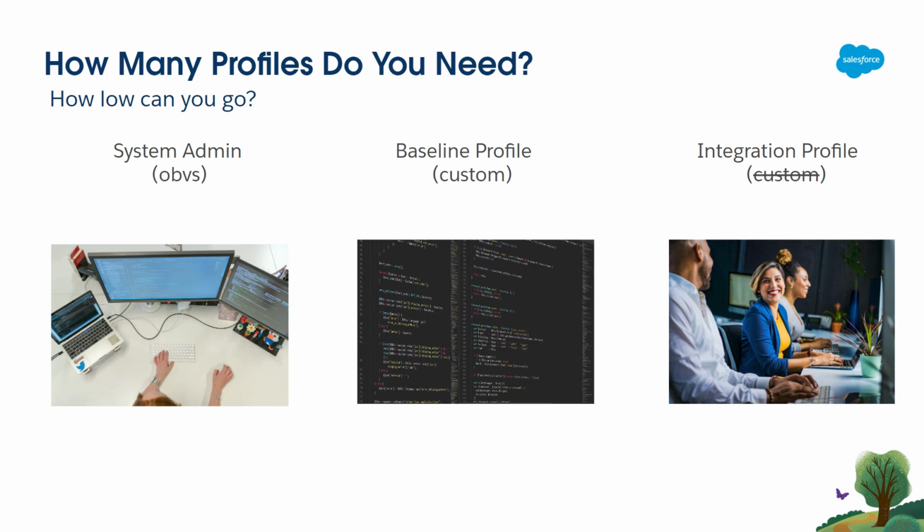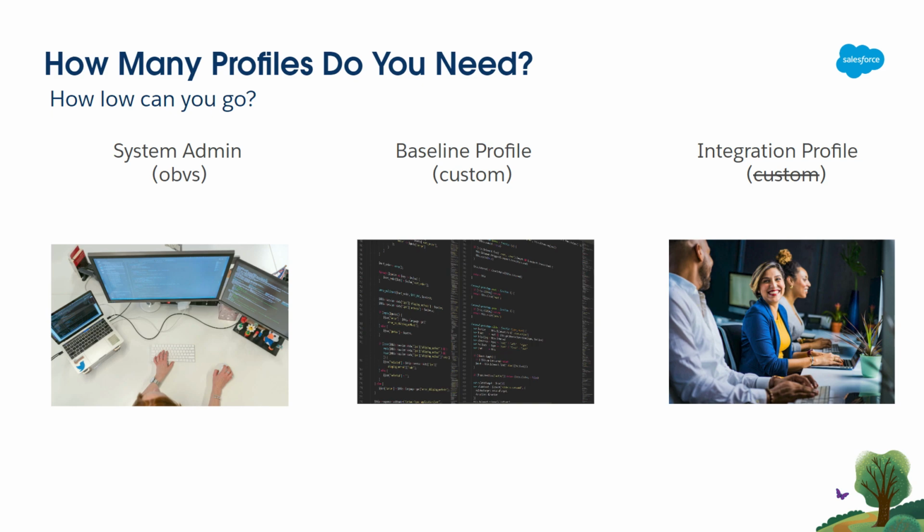Then my proposal is that we have a baseline profile. It's a custom profile, and that's the one we're granting to hopefully nearly all of our other users. And then I've got here that we do need an integration profile.